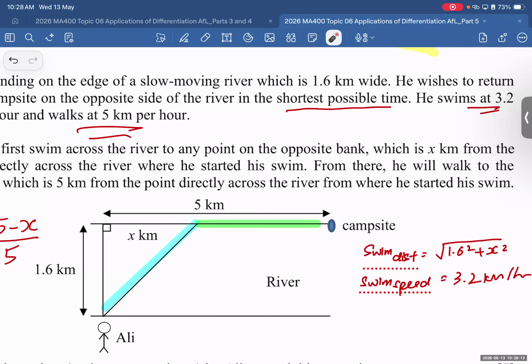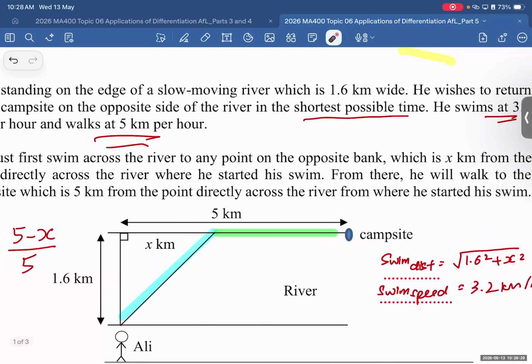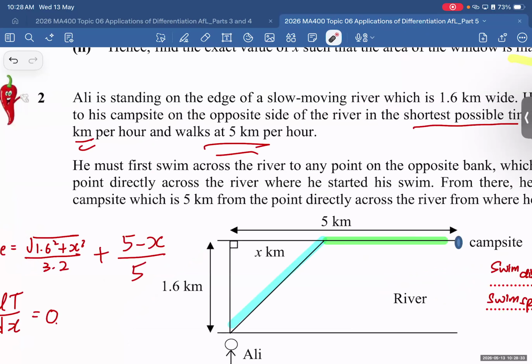If you want to intercept someone, you won't run straight. This is the swimming distance. The swimming distance by Pythagoras theorem is the square root of 1.6 squared plus x squared. I divide by swimming speed, that will give you the swim time. Then this is the walking time: 5 minus the green part divided by 5 kilometers per hour. I differentiate that.